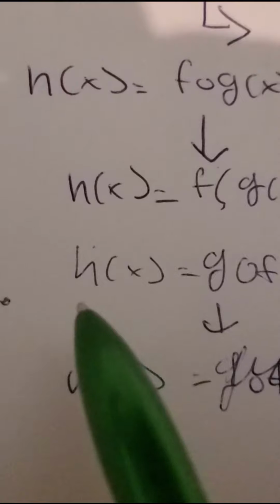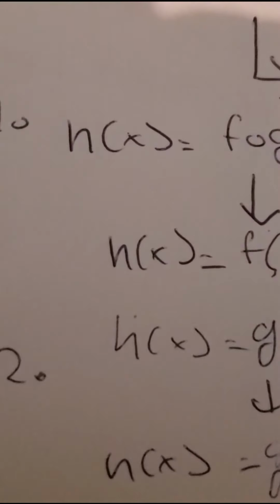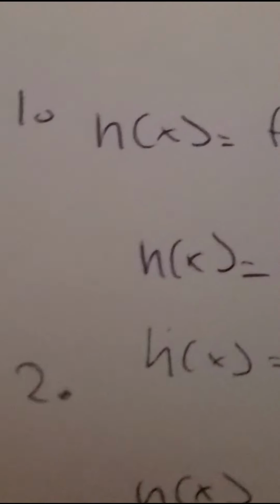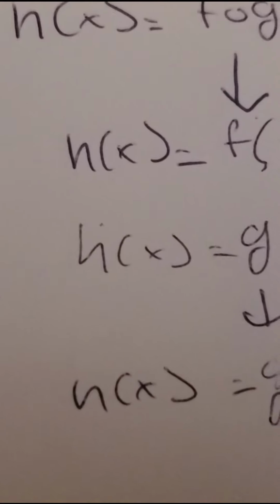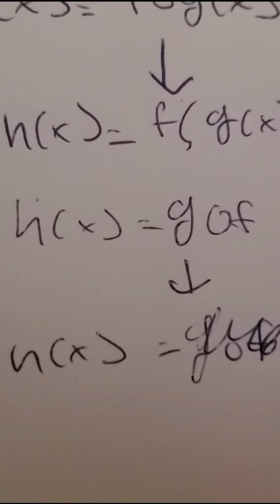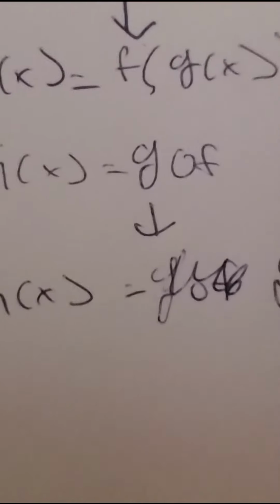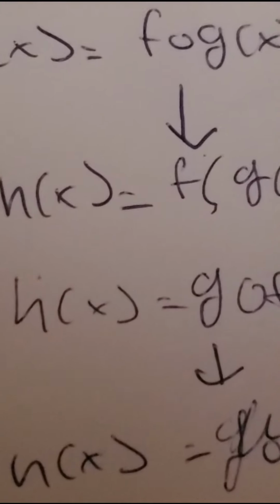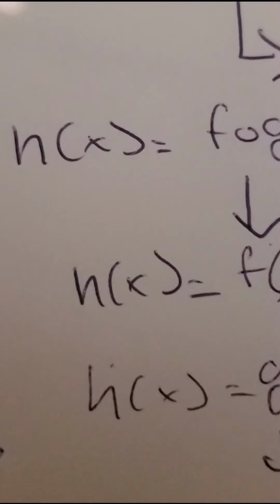In the second case, H of X is equal to G∘F, or pretty much we're composing F inside of G. We're putting F inside the box. So H of X is G of F of X, so we're plugging F of X into G. Let's do a couple examples really using this.